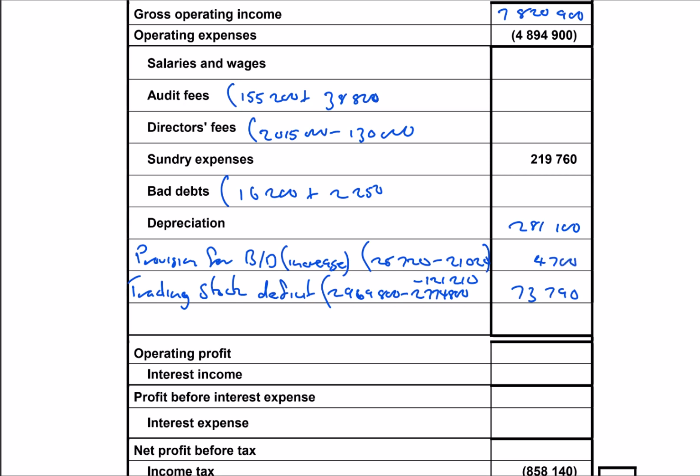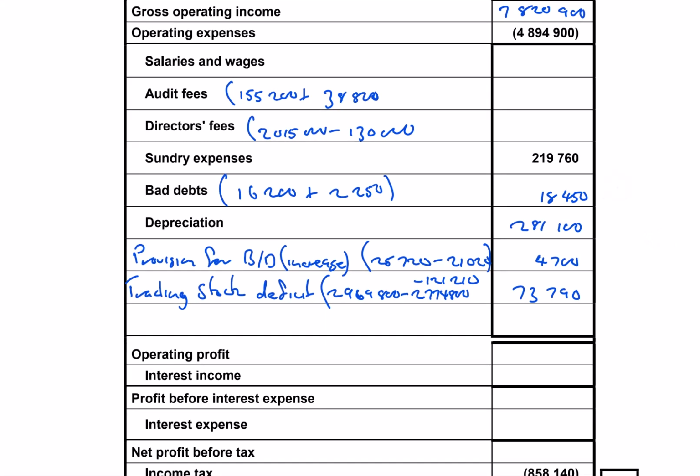Then 16,200 plus 2,250. That's 18,450. Then 2,015,000 minus 130,000.